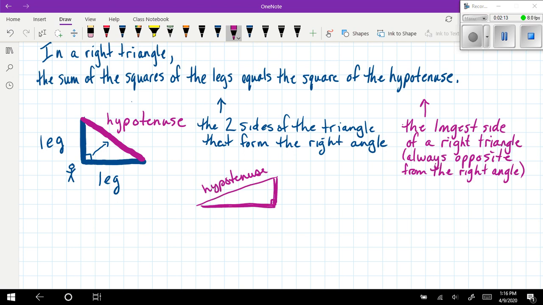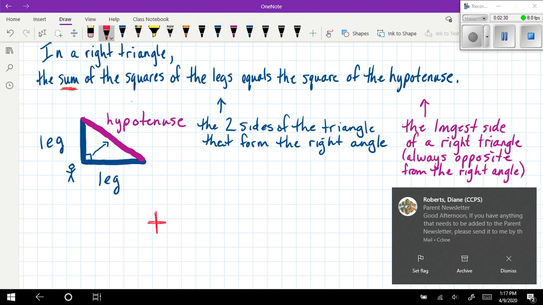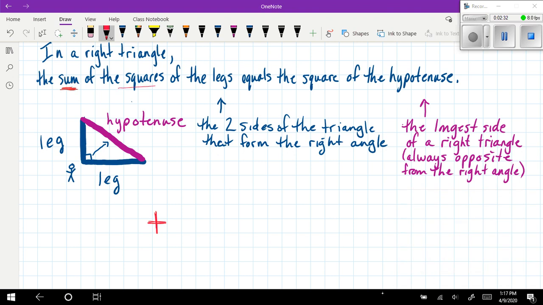All right, now let's see what this really means algebraically. The word sum, I have to do a plus sign here, right? The sum of what? The sum of the squares of the legs. So something is being squared and something is being squared.